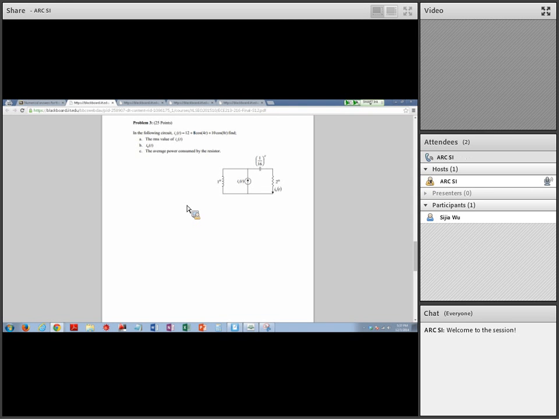So for sine waves or cosine waves, that's I of RMS or V of RMS, and you converted it. Yeah, that's exactly what it is. But how would you find it?